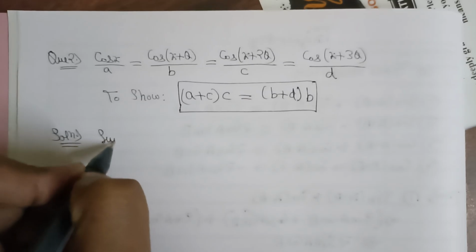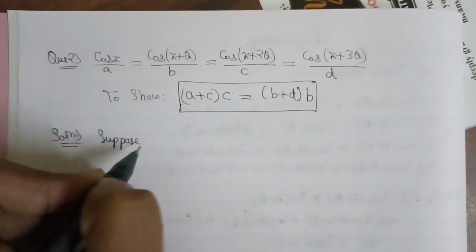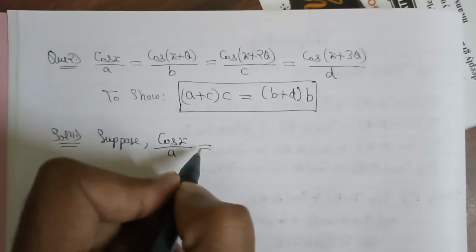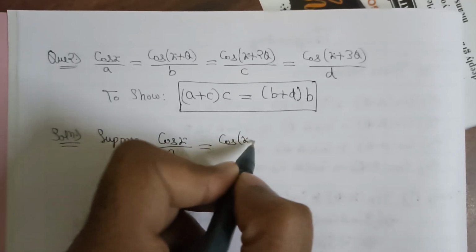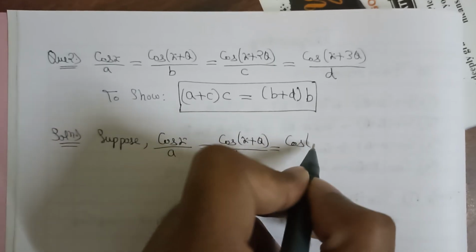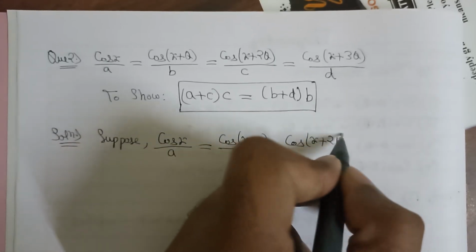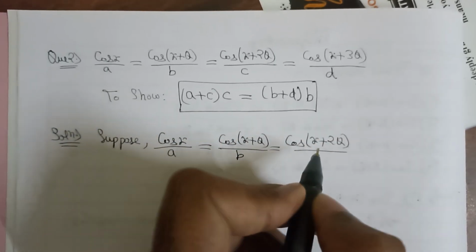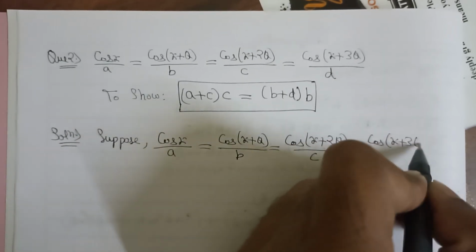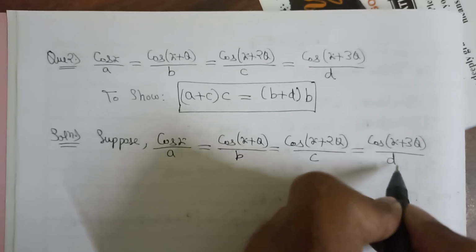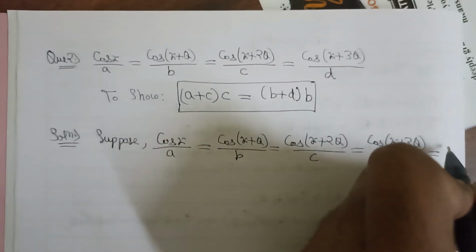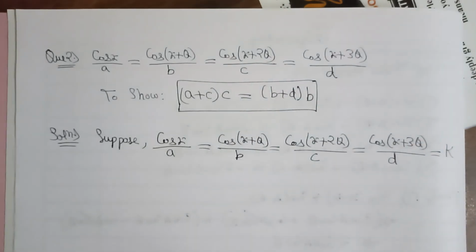Suppose cos x upon a equal cos (x plus theta) upon b is equals to cos (x plus 2 theta) upon c equal cos (x plus 3 theta) upon d. Because there is equality, so this value equal to some constant k.